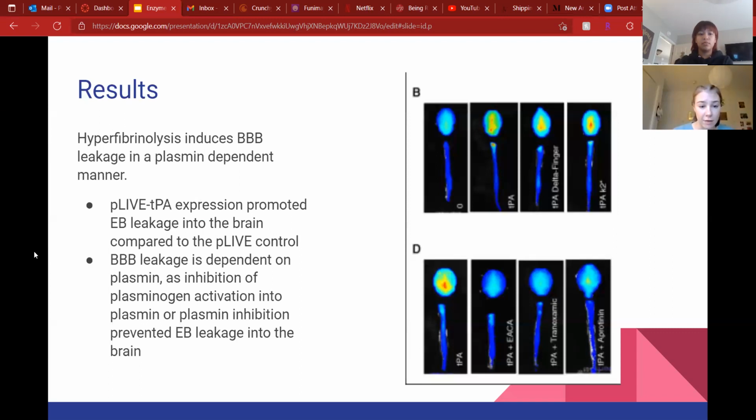So figure B on the left is showing the pLIVE control, while the three on the right are showing that transfection with wild type tPA induces blood-brain barrier leakage, which you can see through the fluorescent dye. And the blood-brain barrier leakage is dependent on plasmin, as inhibition of plasminogen activation into plasmin, or plasmin inhibition, prevented EB leakage into the brain.